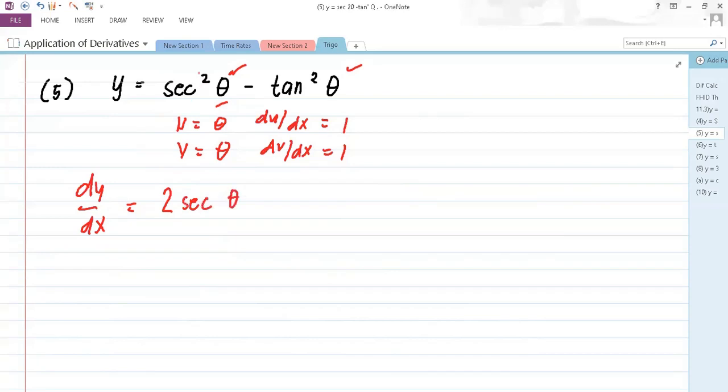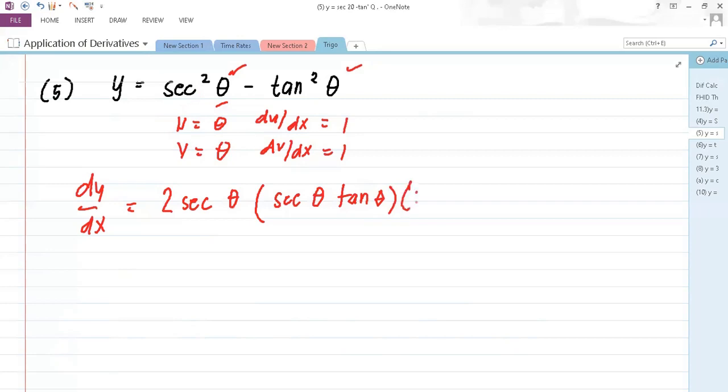Okay, that is the derivative of this, secant squared theta. Okay, 2 secant theta. I-multiply natin siya sa derivative ng secant. Anong derivative ng secant? That is secant tangent. Secant theta and tangent theta. Yan yung derivative nung secant.